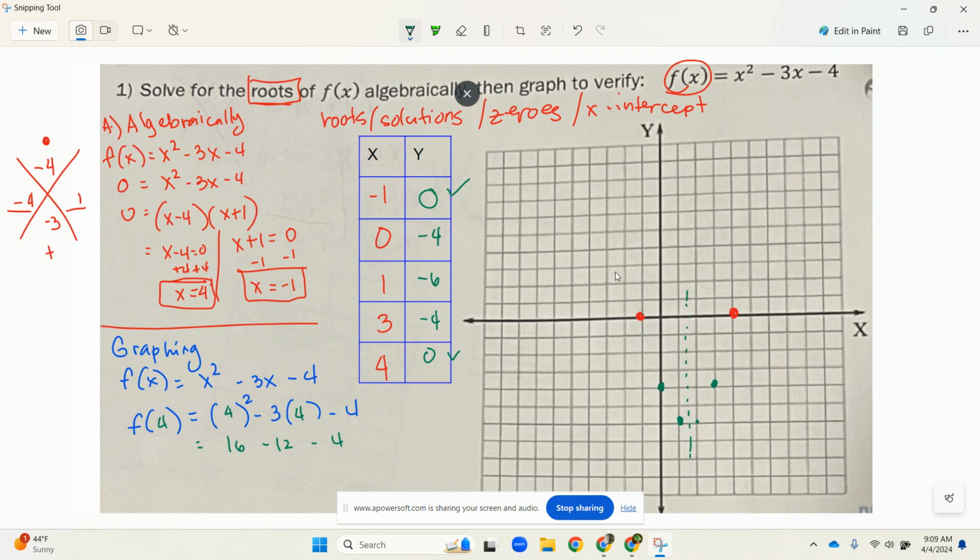So your graph would look something like this. It's very hard to draw. Somewhere like that. So your vertex will be somewhere not on x equals 1. But the important part is this one right here.